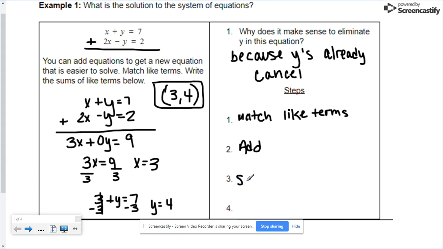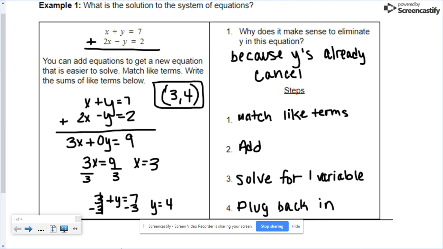You're going to solve for one variable. So that means you could solve for x or you could solve for y. It really doesn't matter which letter you're trying to solve for as long as you get one of them. And then once you know that one, you're going to plug that back in to the original equation, one of the two original equations that they gave you.